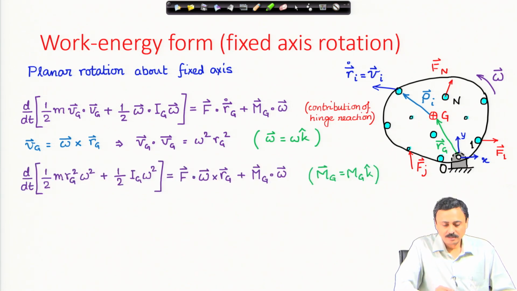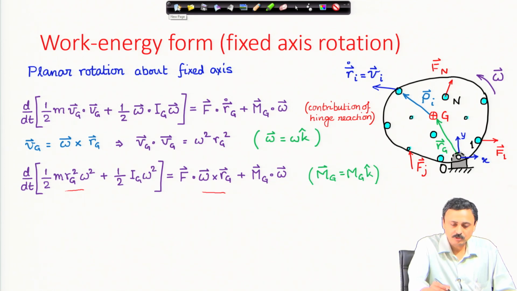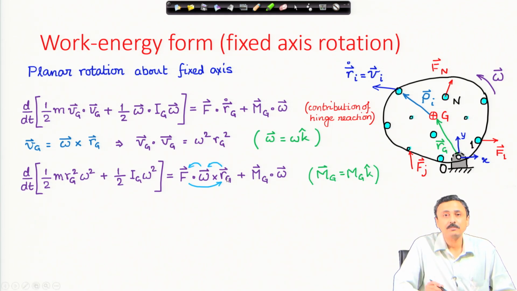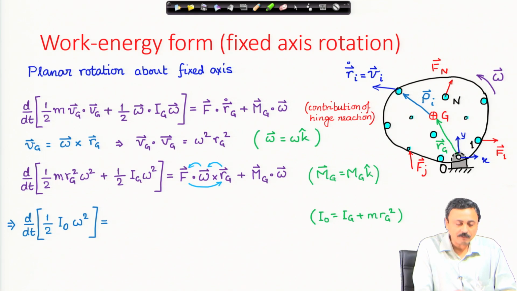And then I substitute these expressions here, and I use once again that scalar triple product rotation. Because of scalar triple product I can do this rotation, and on the left hand side I have d dt of the bracketed quantity.